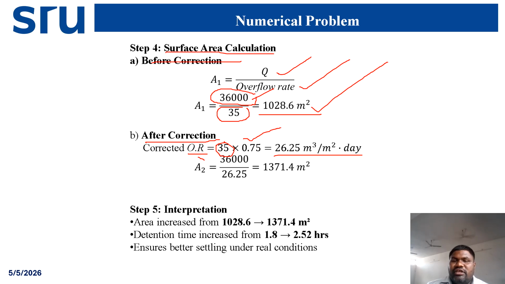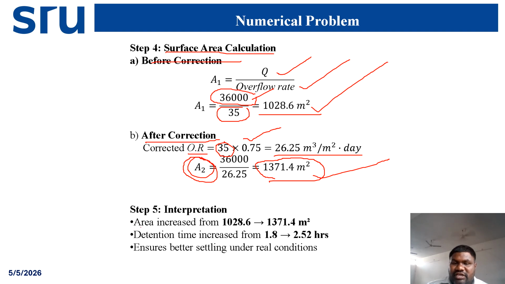So the modified area after correction will be 36,000 divided by 26.25. It is coming around 1371.4 meters square.